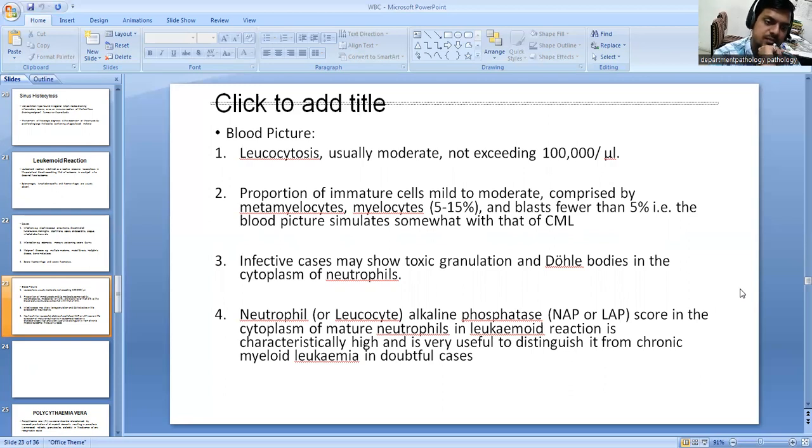The proportion of immature cells is mild to moderate, comprised of metamyelocytes and myelocytes, with blasts not greater than 5%. That is, the blood picture somewhat simulates that of CML, but an underlying cause is present in leukemoid reaction.